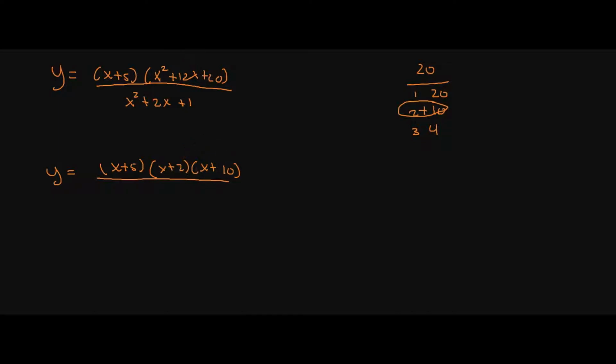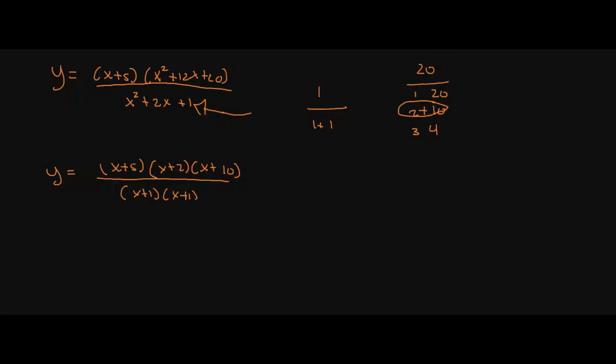Down below I'll do the same thing to turn this into factored form. The factors of 1 are just 1 and 1, and 1 plus 1 gives us the 2. So down below we're going to get x plus 1, x plus 1.